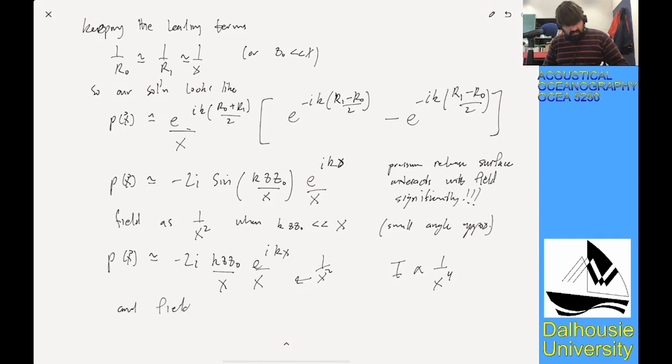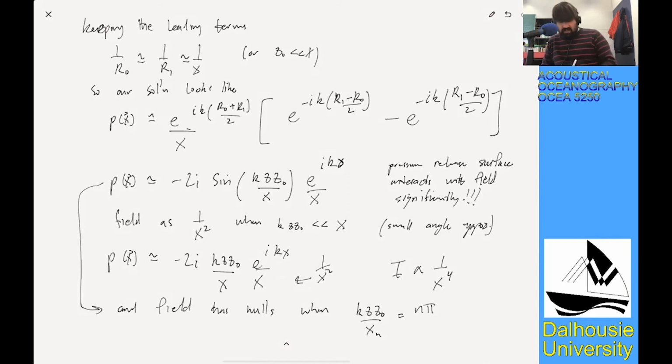And the field has nulls. So this goes to 0, right, when this argument goes to 0, or n pi. When k z naught over x equals n pi, and let's just call those x n now, because we have a series of ranges where the field is going to go to 0. x n, solve that.